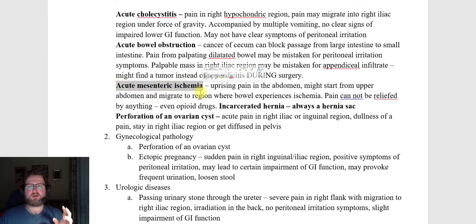For acute mesenteric ischemia, ultrasound won't help you a lot. If you have an extremely experienced radiologist and your ultrasound machine is able to perform energy Doppler or just ultrasound with Doppler scanning, you may see that the blood flow in the superior mesenteric artery or superior mesenteric vein is absent.